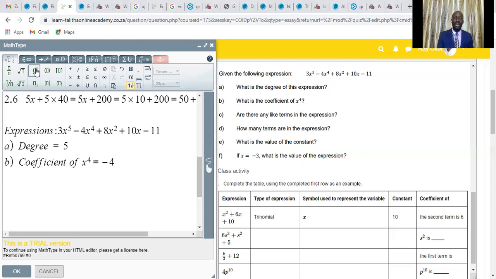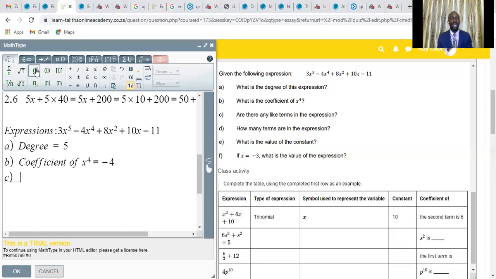Now the next thing we want to look at is question 2, part C. Part C is asking for a quantity here: are there any like terms in the expression? The phrase like terms is used to describe quantities that look alike, in the sense that if one quantity has x, the other also has x.